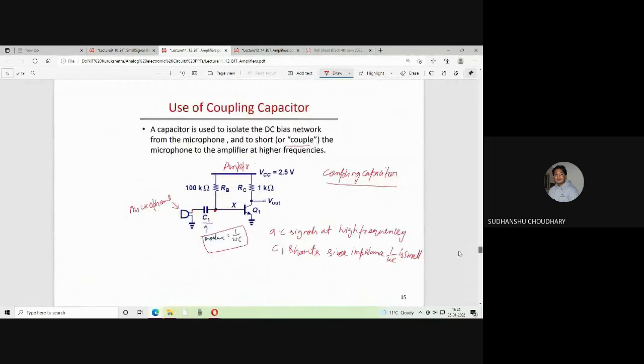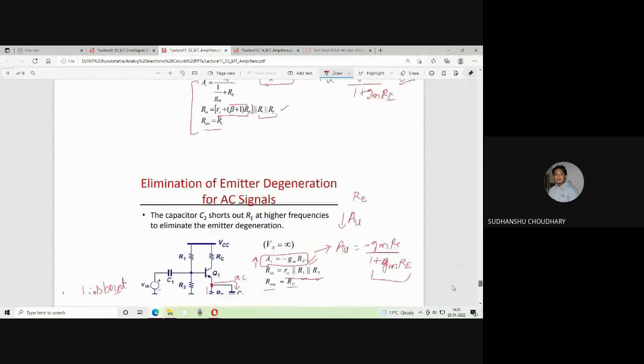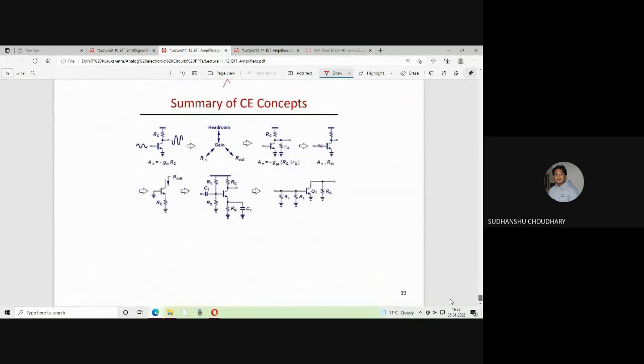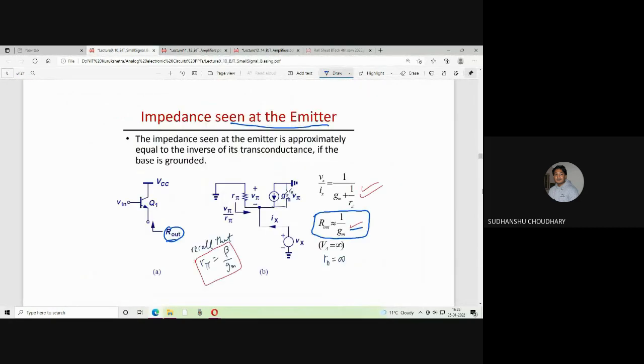Okay, we had calculated it somewhere. Maybe in this lecture, let us see. Yeah, here, the impedance seen at the emitter side. So this was only 1 by Gm.